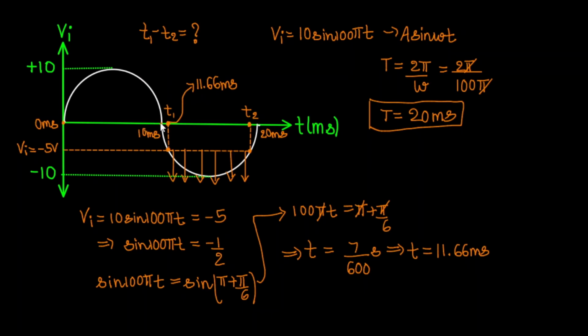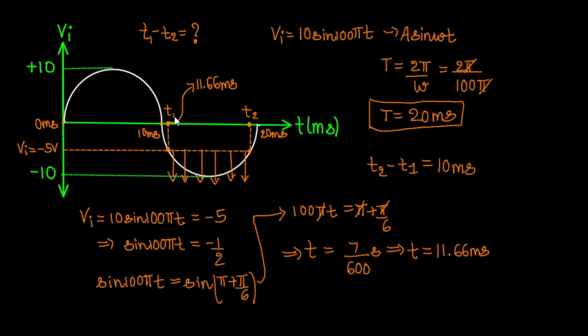And we know that this point, which is exactly in the middle of the whole period of the input waveform, is 10 milliseconds. That means the difference between these 2 points is 11.66 minus 10 milliseconds. This same difference, which is 1.66 milliseconds, exists between T2 and 20 milliseconds also, as this is a symmetrical sine wave. So to find T2 minus T1, this is 10 milliseconds and this is 20 milliseconds, so the difference between them is 10 milliseconds.